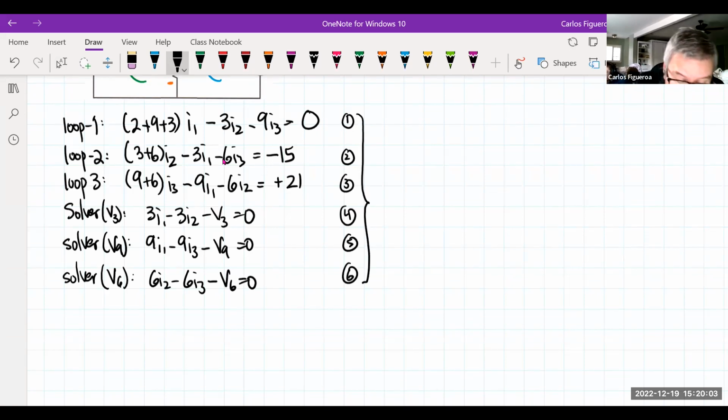So here's how I'm going to write it. I'm going to call this I1, here's I1, here's I2, here's I3. And I'm going to write my 3 voltages: V3, V9, V6.